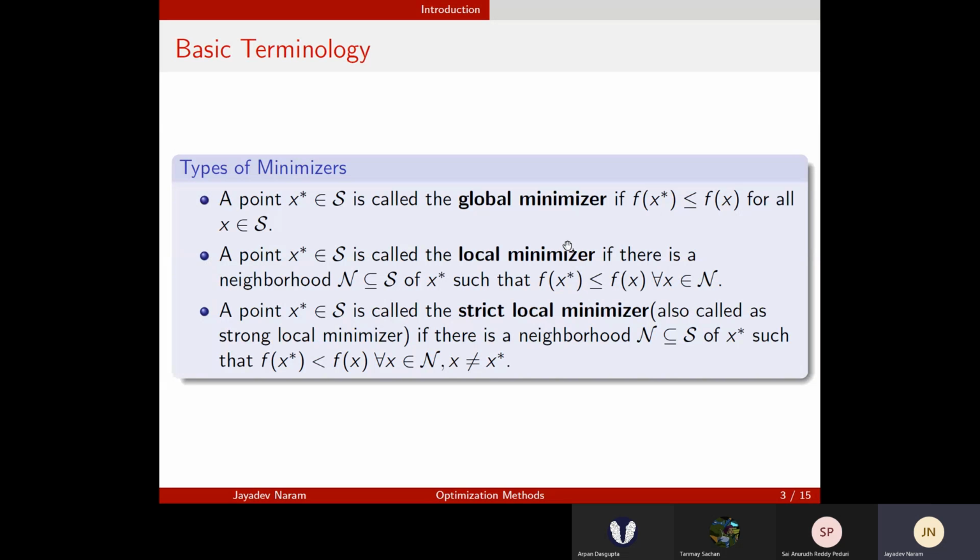So it is then called a local minimizer. And then we also have the concept of strict local minimizer, where we want the inequality to be strict, and also only one point should be satisfying this inequality. If that exists, then we call it a strict local minimizer.